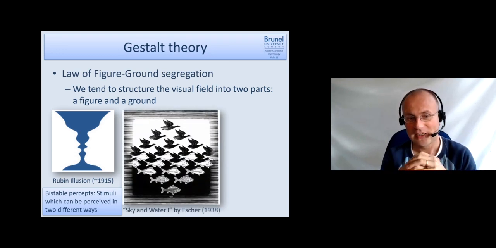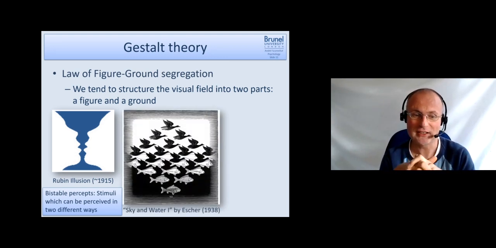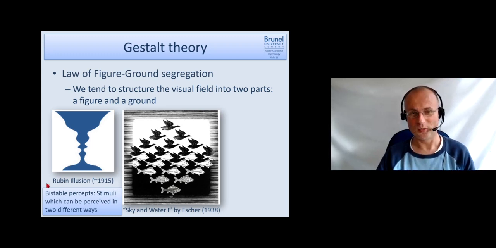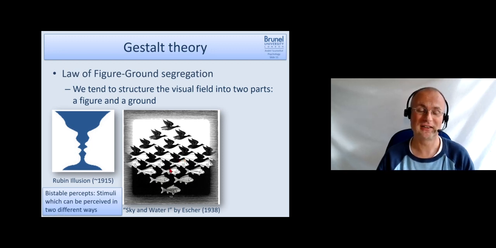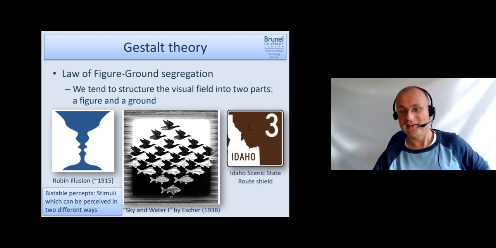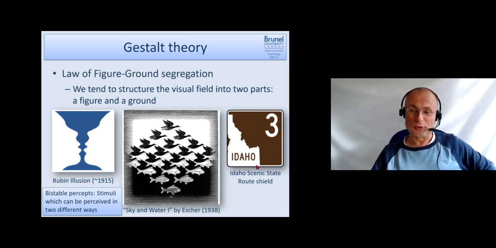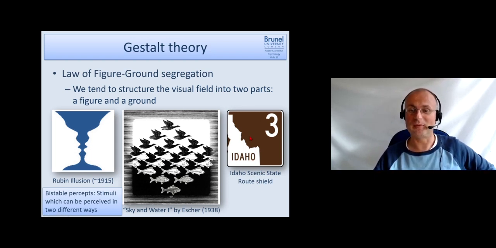Other examples are, for instance, this painting by Escher, Sky and Water, where in particular in the middle area you either see the fish and then the ducks are the background, or you see the ducks and then the fish become the background. So this nicely illustrates this as well, where we have these bistable percepts. Another example is the scenic state route sign from Idaho.